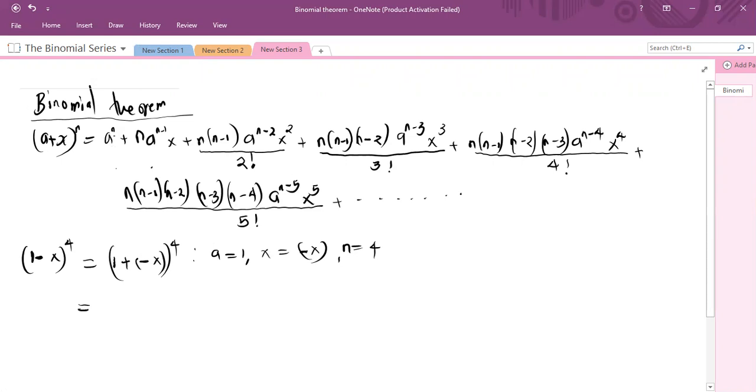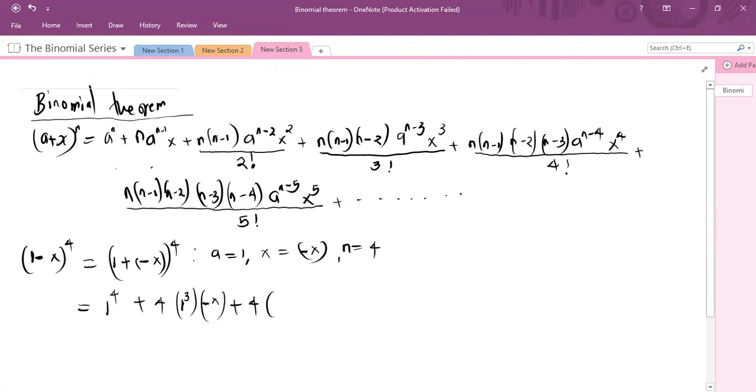So the first term is a raised to power n. That is 1 raised to the power 4. Plus n, so we have 4, a raised to power 4 minus 1. So that is 1 raised to the power 4 minus 1, which is now raised to power 3. Then we have x. So in our case here, our x is minus x. Plus, we are here now, n, so 4.